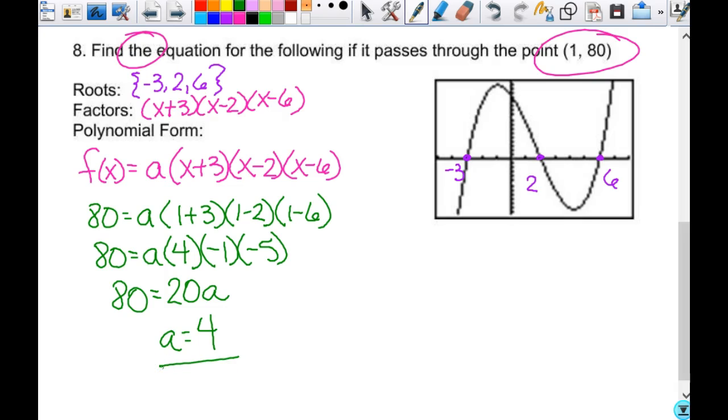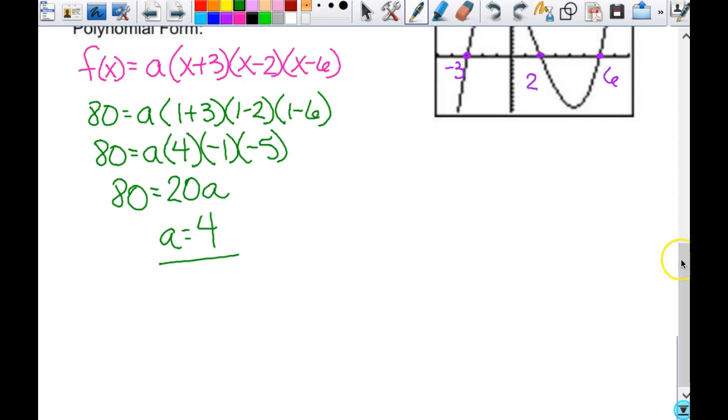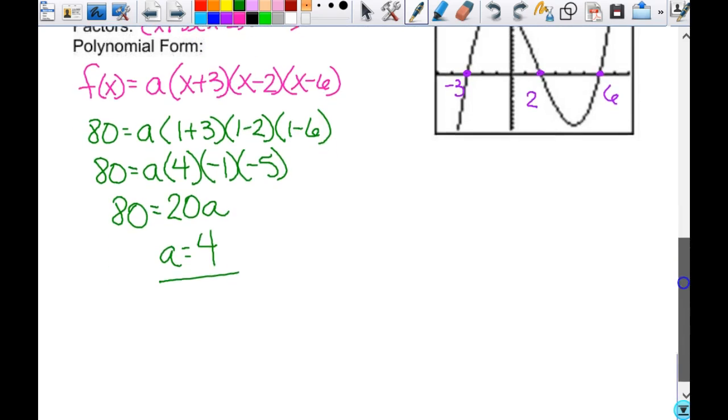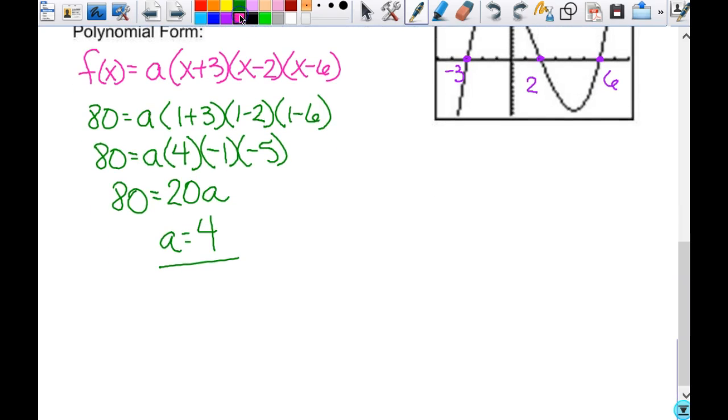Everybody with me? Stop me if I lose you. Okay, so now I've got to write my equation. So that means that I have f of x equals 4 times x plus 3 times x minus 2 times x minus 6. That is the factored form. It's asking me for the polynomial form, so I have to multiply it out.